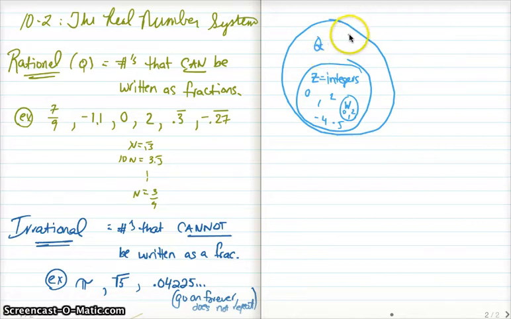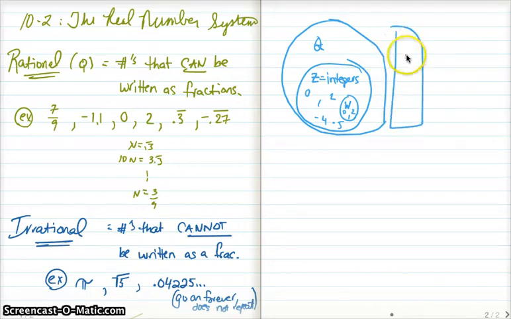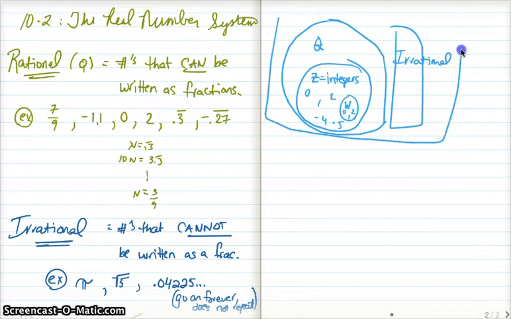Okay. And then off on the side here we have, it really has to be off on the side, not a part of, we have our irrational numbers. They are totally set aside, set apart. There's pi, square root of 5.